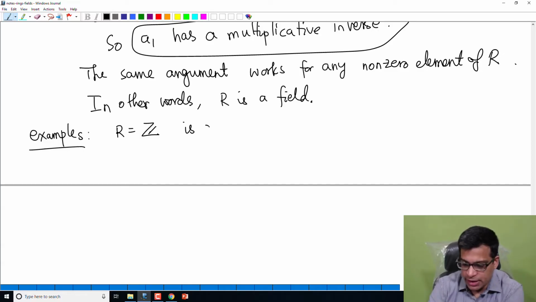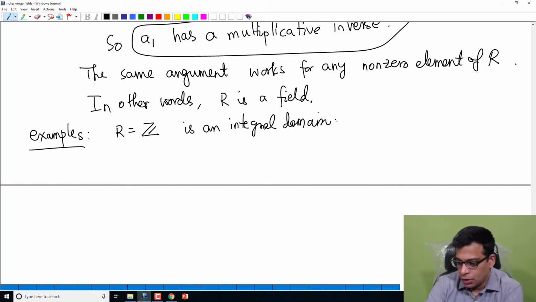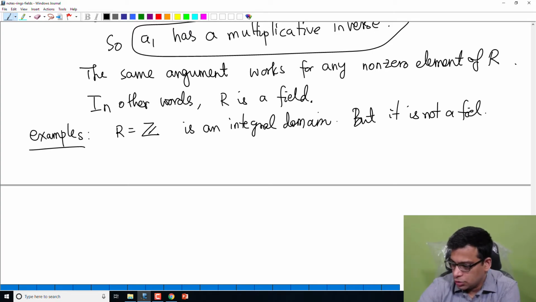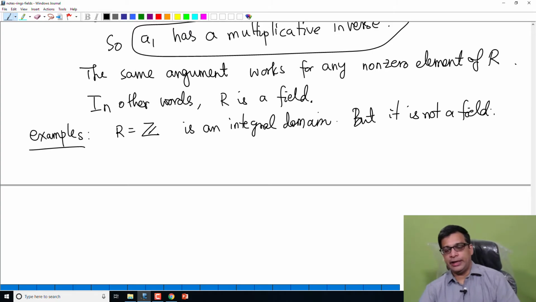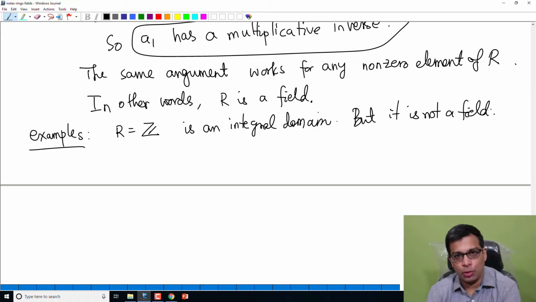This is an integral domain, but not a field, right? That we know. It is not a field, because for example, the integer 2, which is a non-zero integer, has no multiplicative inverse. So it is an integral domain, it's not a field, and the reason that the previous problem does not apply here is R is not finite.